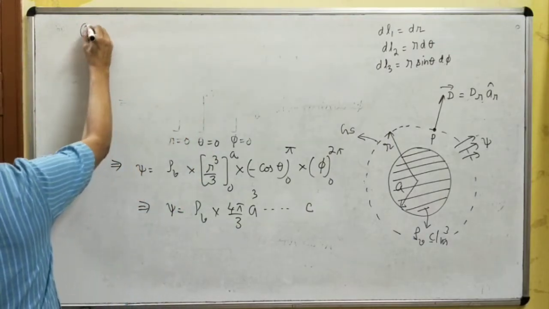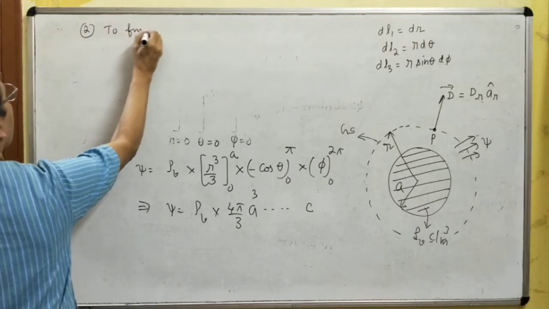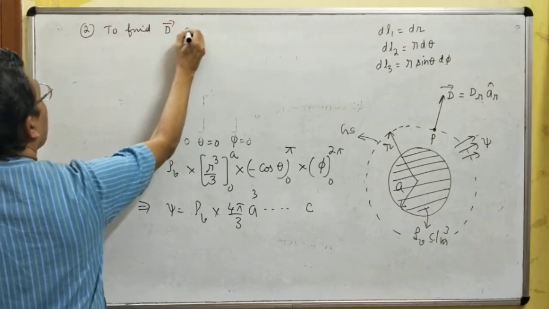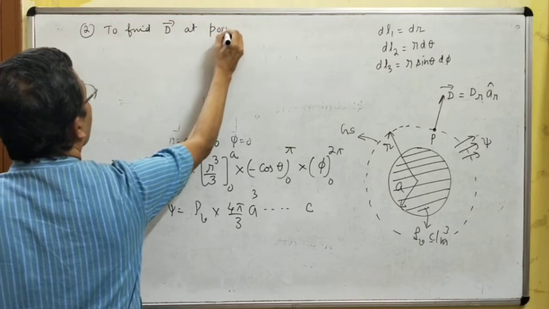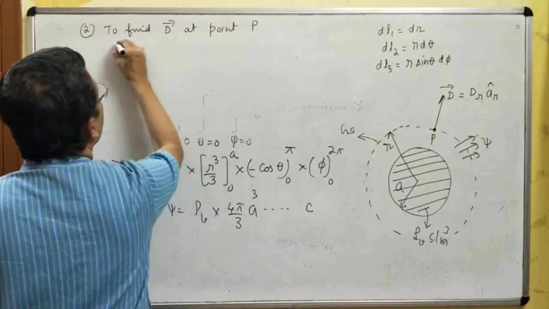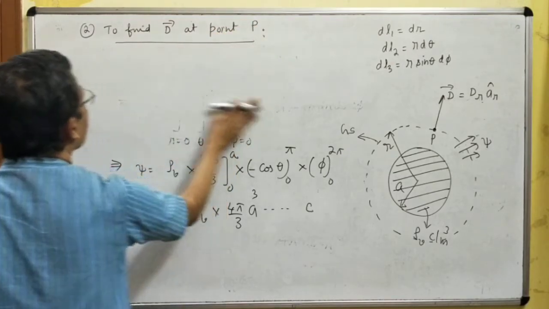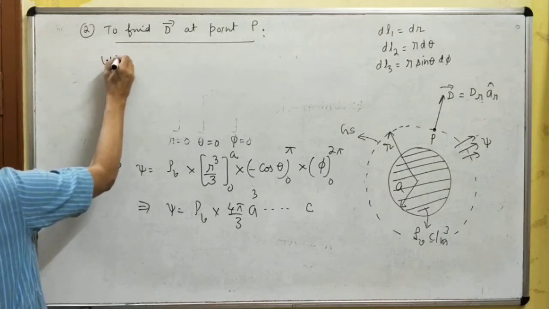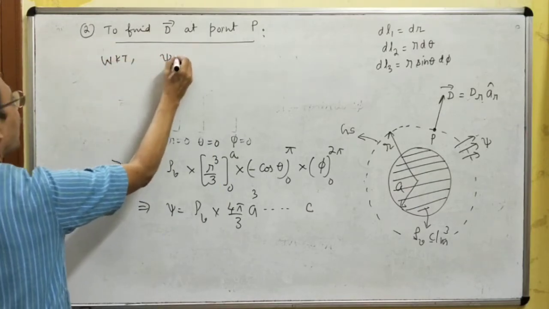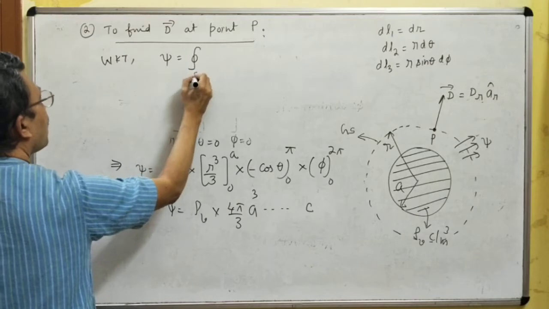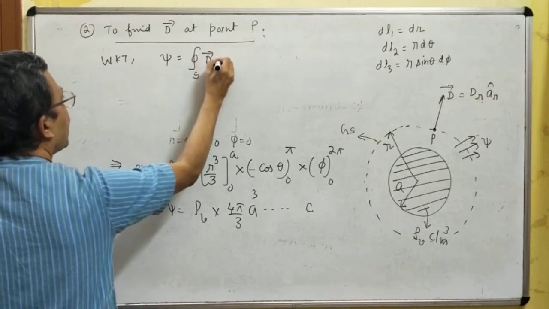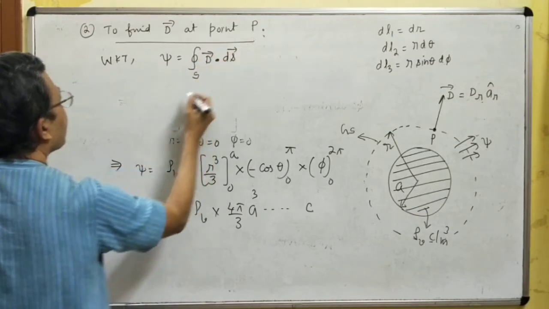Step number 2. To find vector D at point P. We know that psi is equal to closed surface integral vector D dot dS.